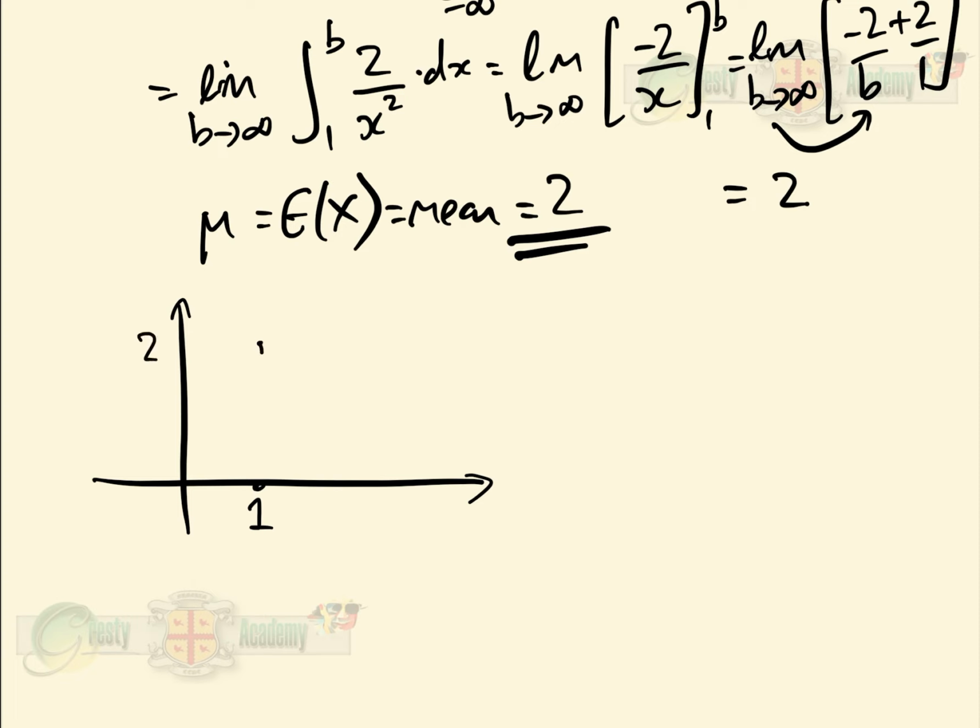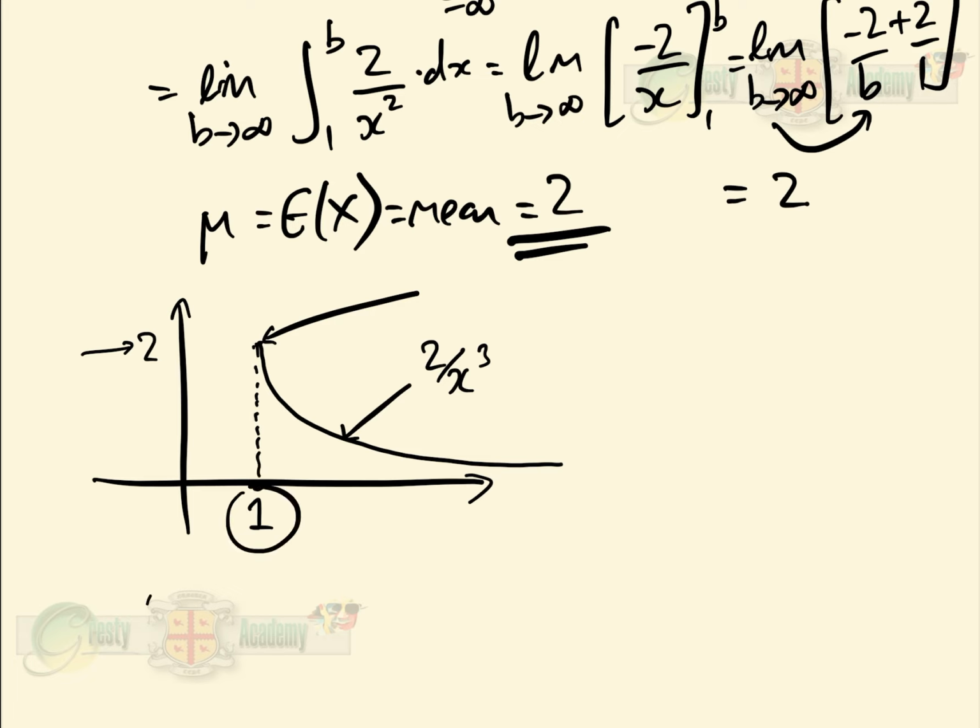So we can draw this as something along the lines of that going all the way off to infinity. That is 2 over x cubed there, and so clearly the highest point on this is here, where f of x is 2, and remember, we have to drop it down, and so therefore the mode, by inspection, is 1. Okay, so that's the second one.